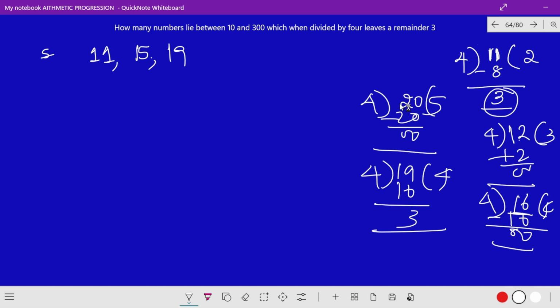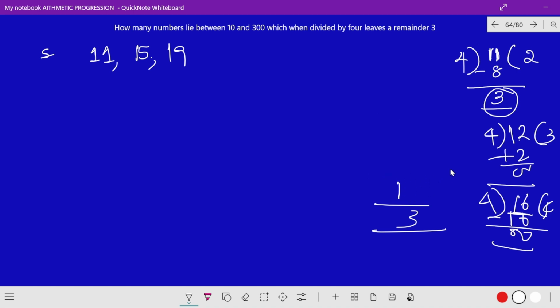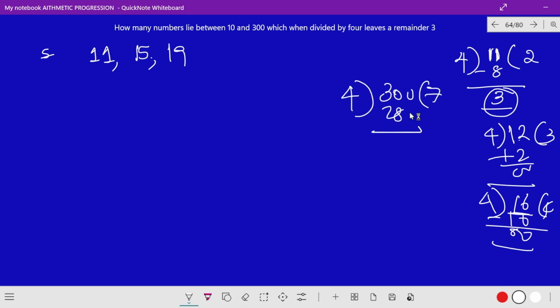So here 300 is there. 300 is completely divisible by 4, 4 sevens are 28, 2 remaining, 4 fives are 20. So this is completely divisible. So which is one number less than 300?